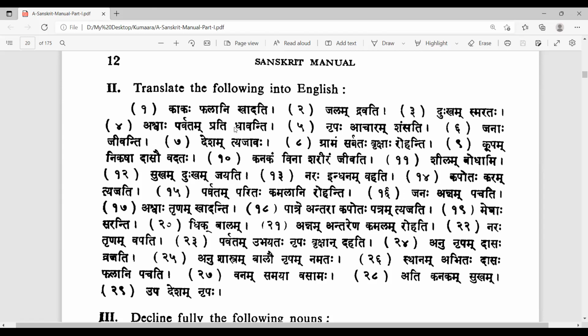Everywhere in the village, trees grow on all sides. All sides of the village, that is better. Not every. Sarvatra you can say, sarvataha is sarvatra only, but still, all sides of the village. Yes. Next sentence: कूपं निकषा दासौ वदतः.